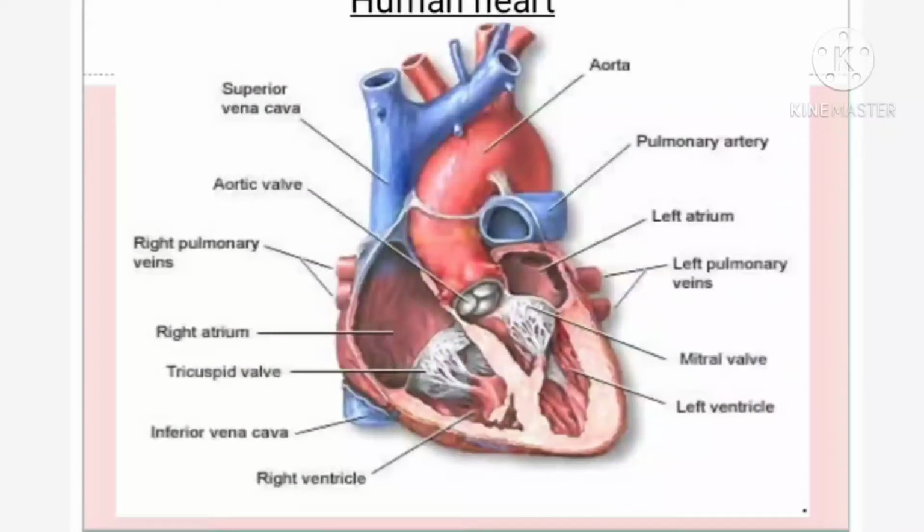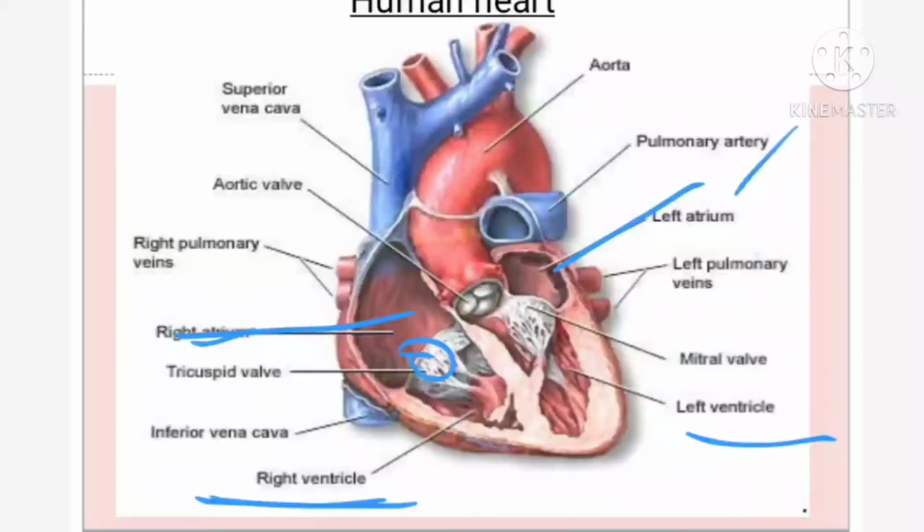Now the heart, we have discussed already the structure of the heart, we will see it one by one. Okay. You can find this is your left atrium and this one is your right atrium. The left atrium is leading to the left ventricle, the right atrium is leading to the right ventricle. In between the right atrium and the right ventricle there is the tricuspid valve. You can find 3 flap-like structures present, and in between the left atrium and the left ventricle there is the mitral valve or the bicuspid valve, isn't it?